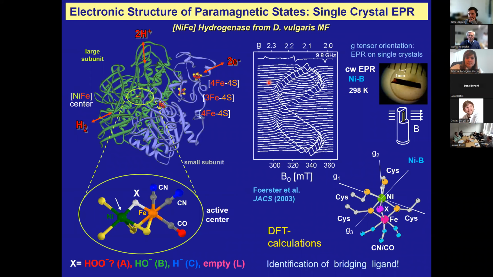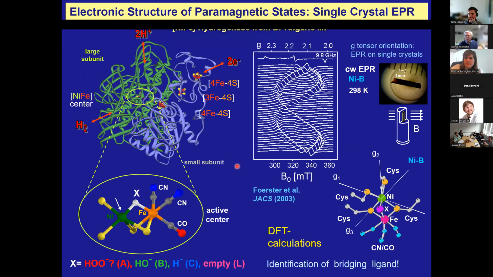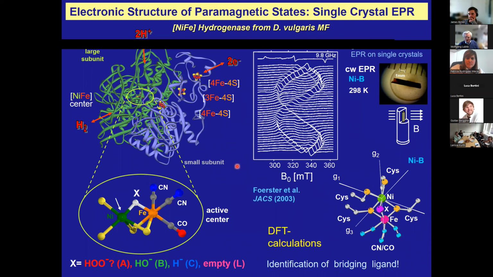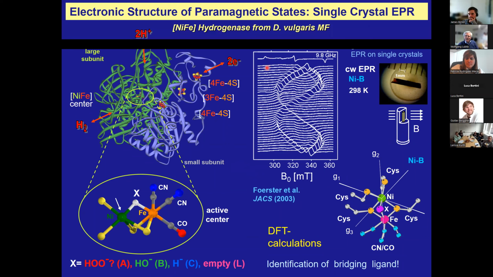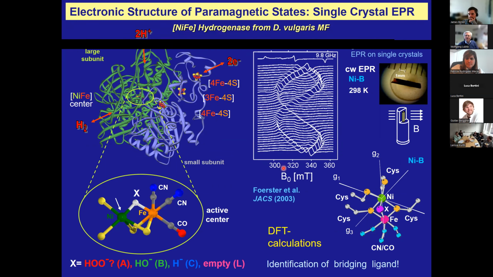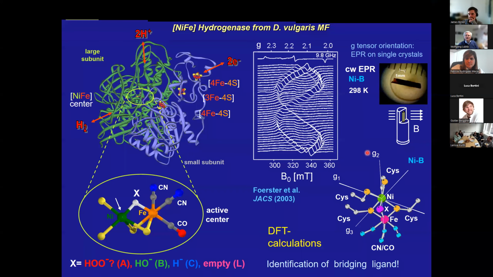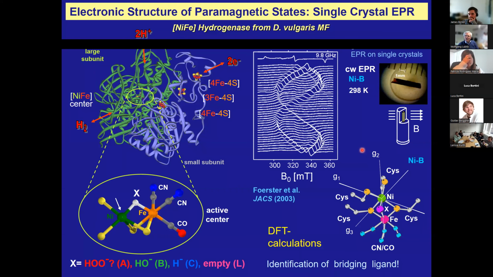Here is another important point that I wanted to point out, because this has probably not been realized. The moment you have a single crystal of your system, you can mount it and turn it in the magnetic field, and you obtain a rotation pattern of your crystal in the EPR spectrum. That can be done over a very large range of temperatures.